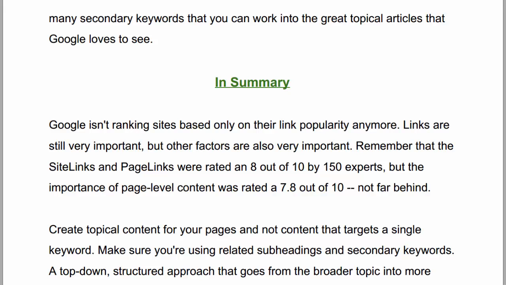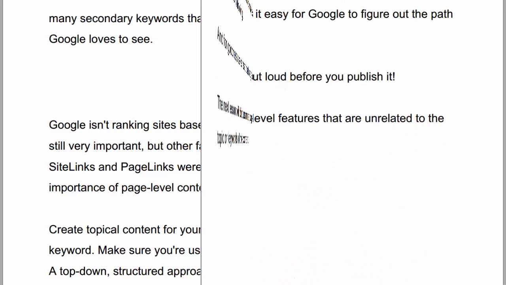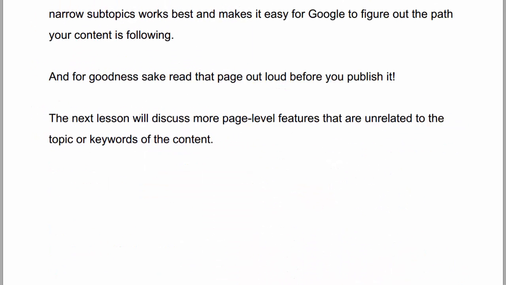So create topical content for your pages, and not content that targets a single keyword. Make sure you're using related subheadings and secondary keywords. A top-down structured approach that goes from the broader topic into more narrow subtopics works best and makes it easy for Google to figure out the path your content is following. And for goodness sake, read that page out loud before you publish it.